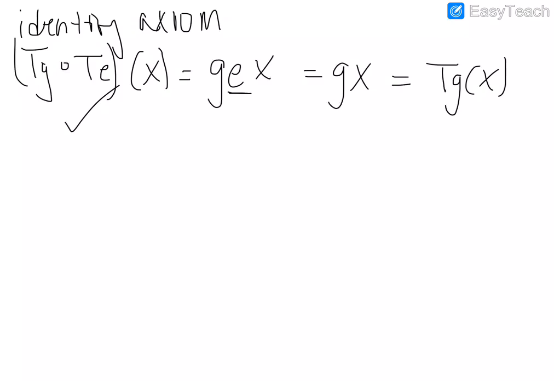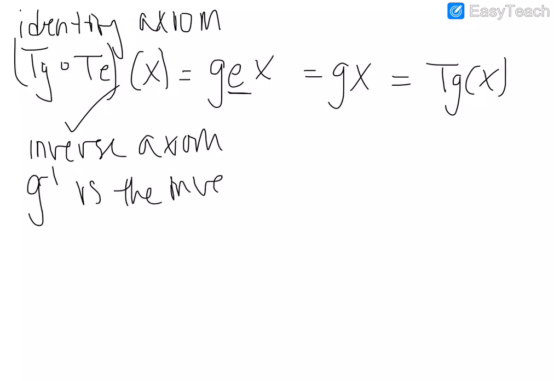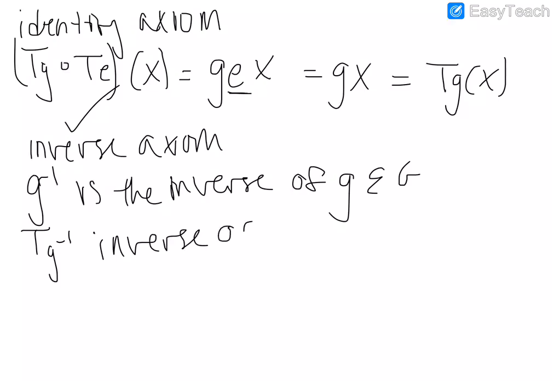Now let's prove the inverse axiom. We're going to say that g inverse is the inverse of g in big G, and that T_g inverse is the inverse of T_g in G prime.